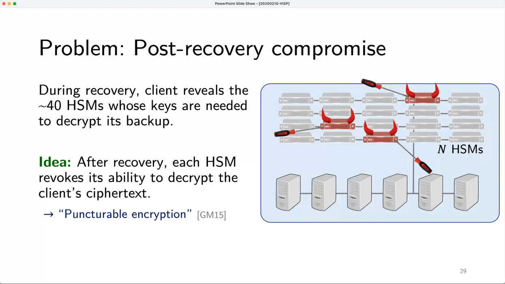One question. Yep. If the attacker knows which 40, or which N, HSMs are used, does he also know in which order they constitute my key? Because if the number were high, you would have 40 factorial different keys, and that would also be some layer of security.